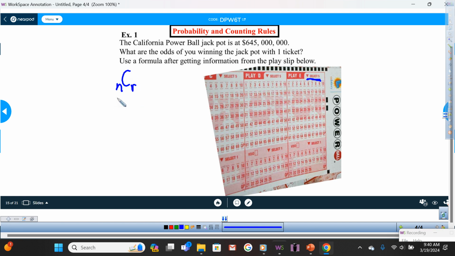However, tell your neighbor what N stands for and what R stands for. Tell your neighbor what N is and what R is. Adderley? $69.